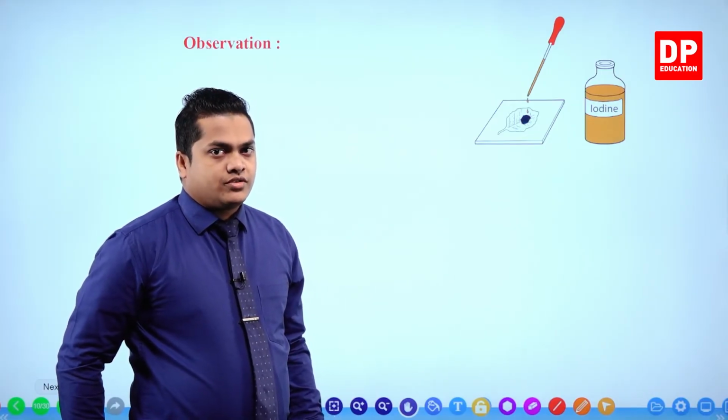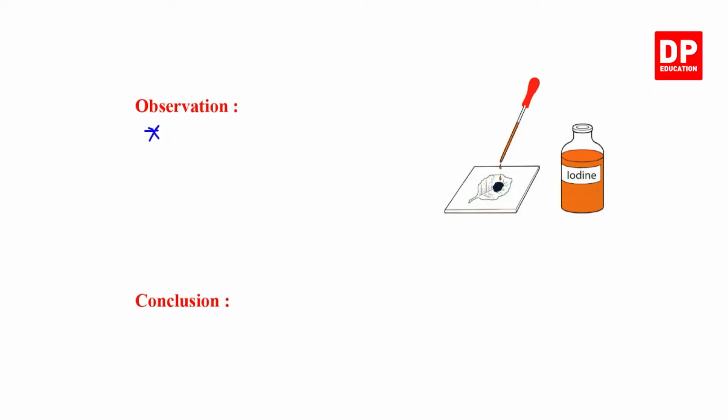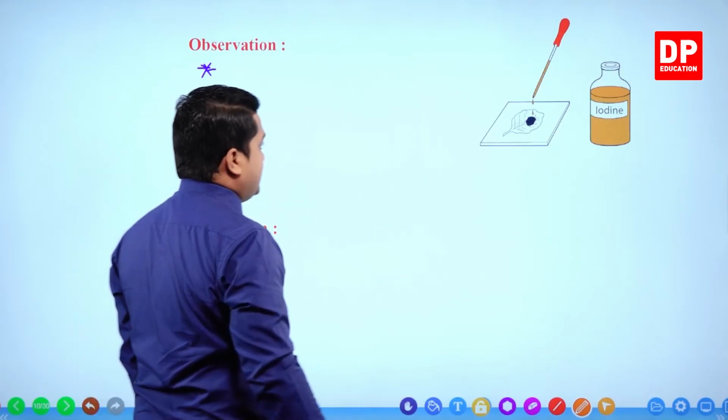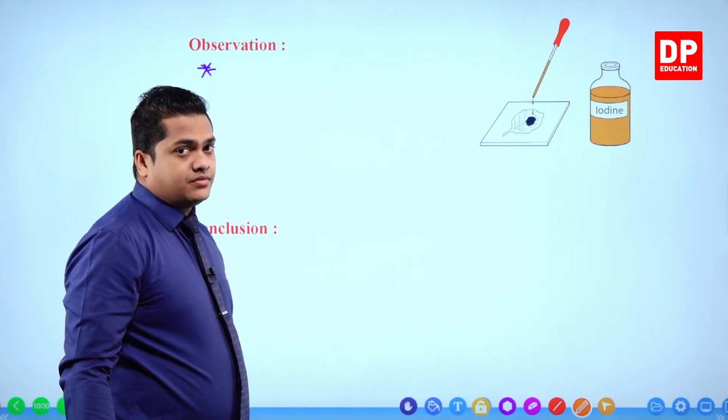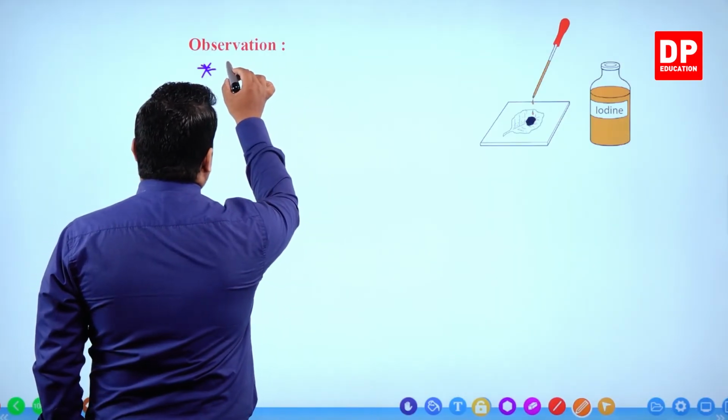This is our observation. So we can write down our observation. Observation is quite simple, my dear children. Here what's going to happen?